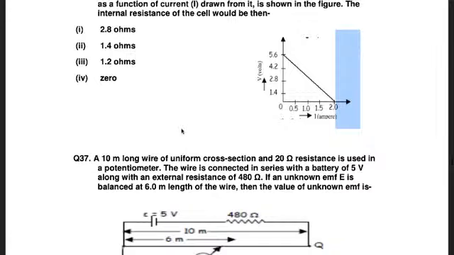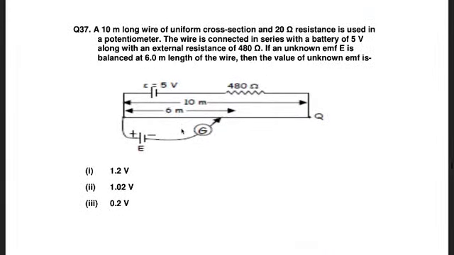Question number 37. A 10 m long wire of uniform cross section and 20 ohm resistance is used in a potentiometer. The wire is connected in series with the battery of 5V along with an external resistance of 480 ohms.